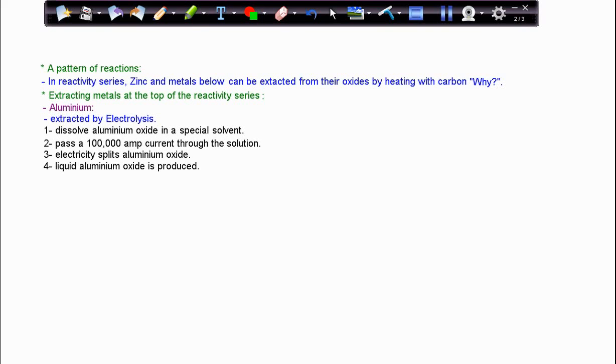We need to extract these elements using electrolysis. First, we need to dissolve the aluminium oxide in a special solvent, and then we need to pass a very powerful current, 100,000 amps, through the solution. So the electrolysis will split aluminium oxide, and we can get liquid aluminium.